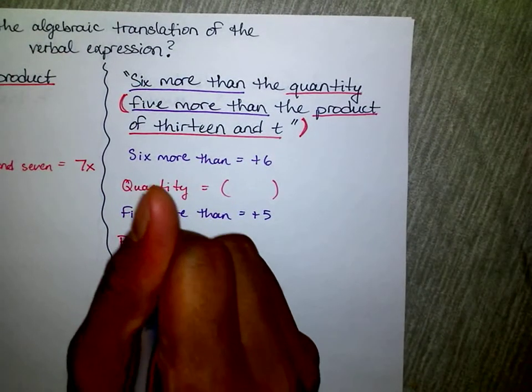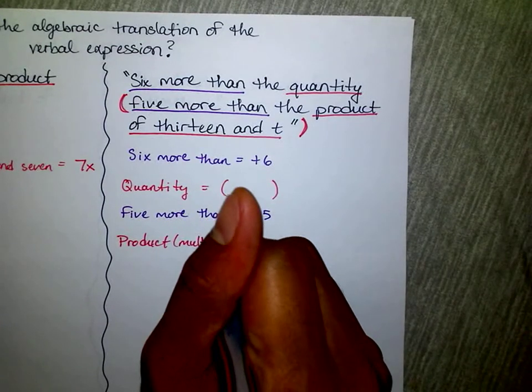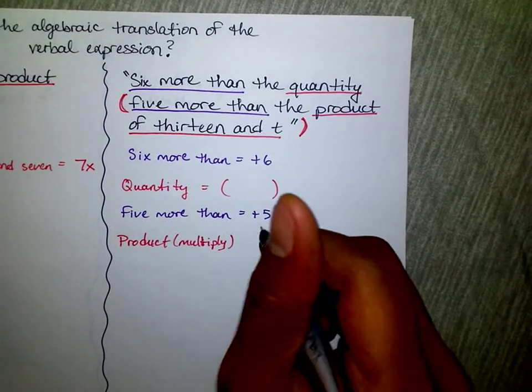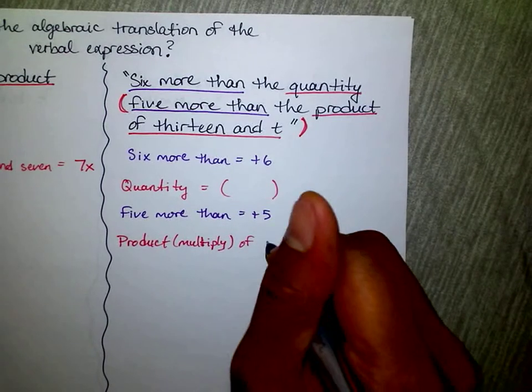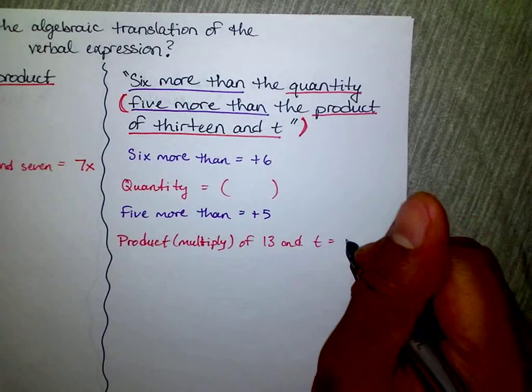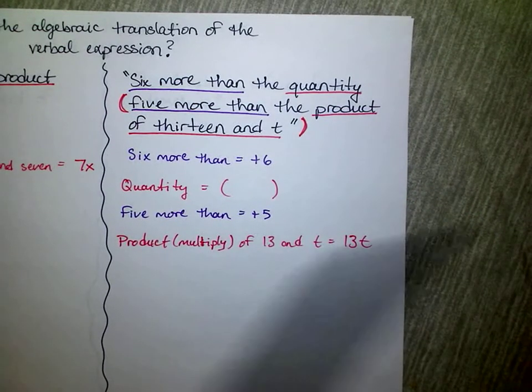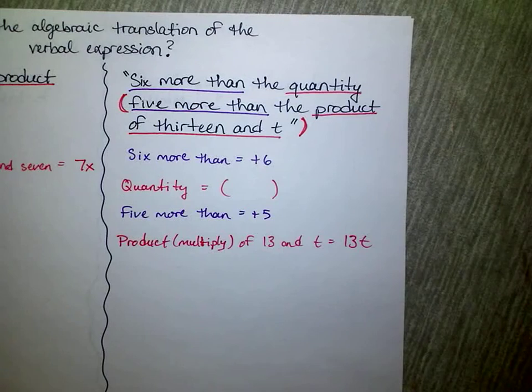Product, we know, means multiply. And it says 13 and t, which equals 13t. Now we just need to go back and put all this stuff together.